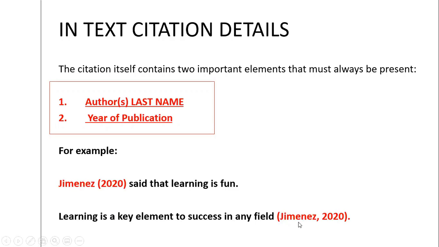Notice that I still have my author last name and year, but this time in parentheses, followed by a period. So both of these are correct. Both of these are different ways of citing the same author, just I could do it at the beginning of the sentence or I can do it at the end of the sentence.